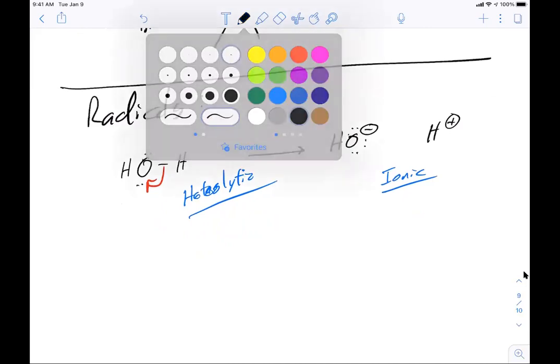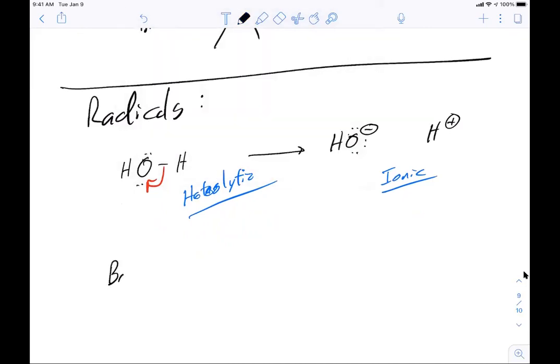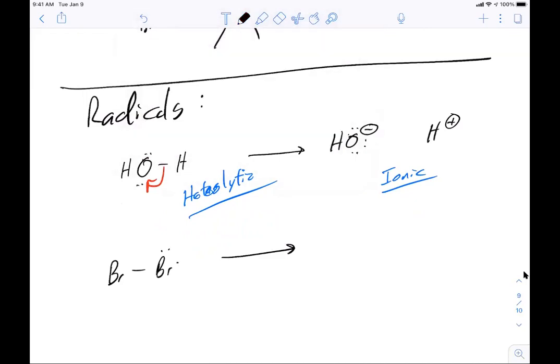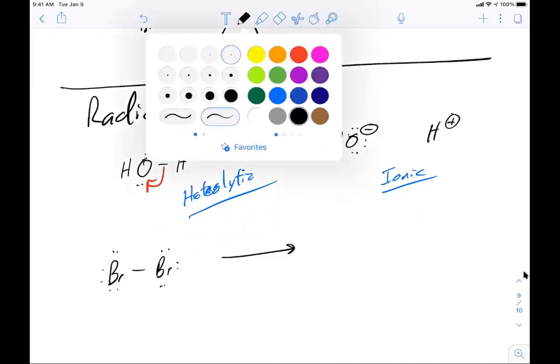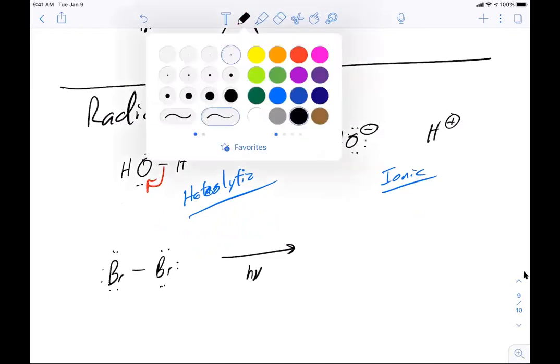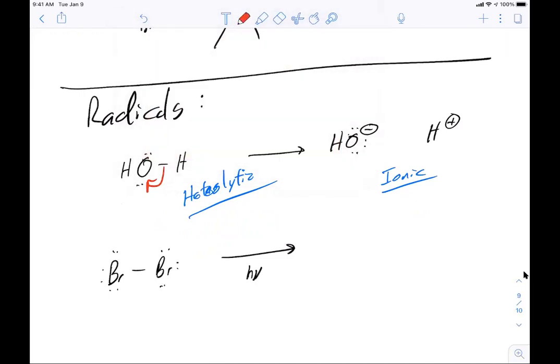In radical reactions, what we do is give homolytic cleavage. Okay, so we have 2 bromines here. We hit that with a little bit of light. Light energy shown by h nu. So when you see the h nu, think light.